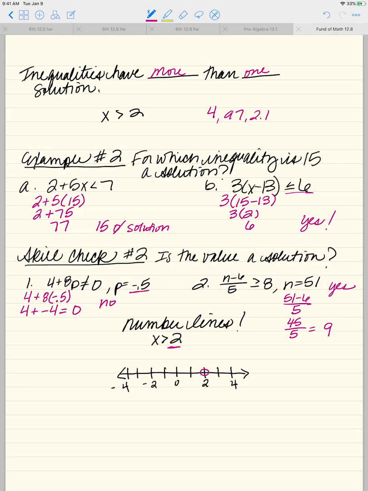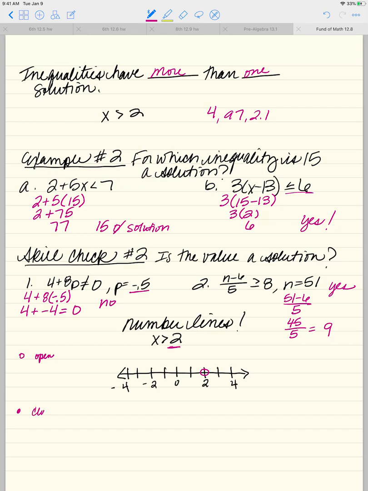Now, when we graph inequalities on number lines, we have open circles and we have closed circles. An open circle means the number that we are drawing the circle on is not a part of the solution set for the inequality, okay?